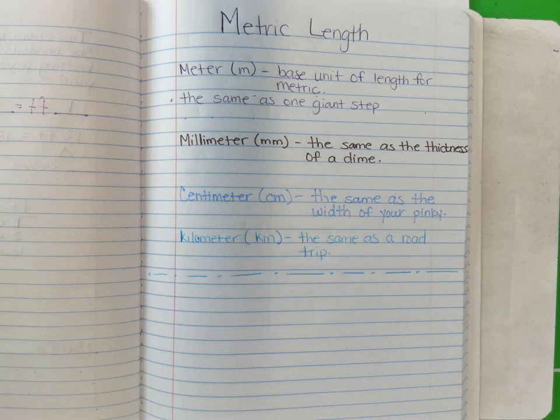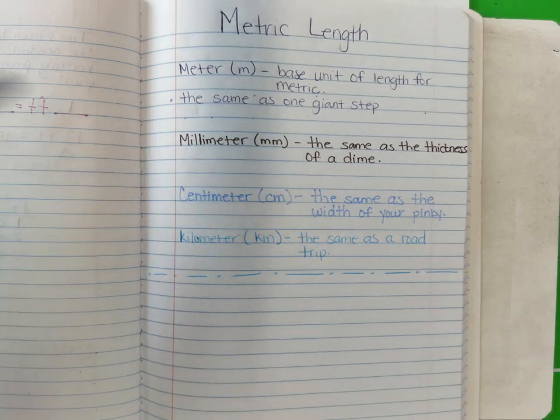Some of the things that we said we could measure in class using millimeters, those tiny little things, could be the zipper on your jacket, the height of a fingernail, or a ladybug's wings, someone said in class. So those are smaller items that we could measure with millimeters.